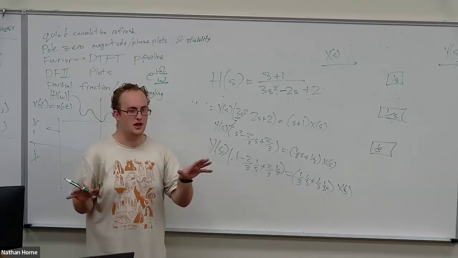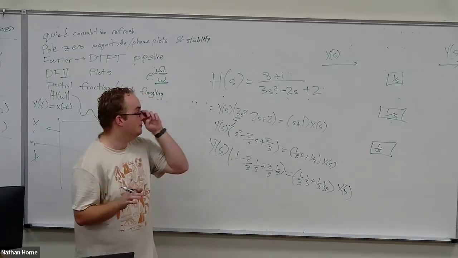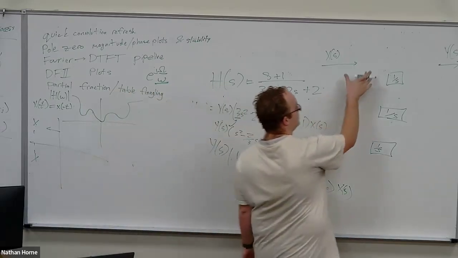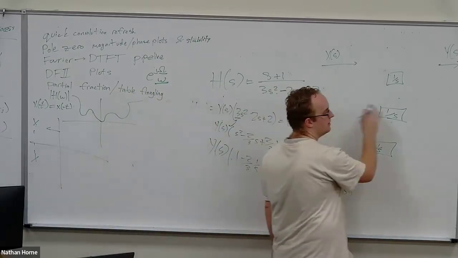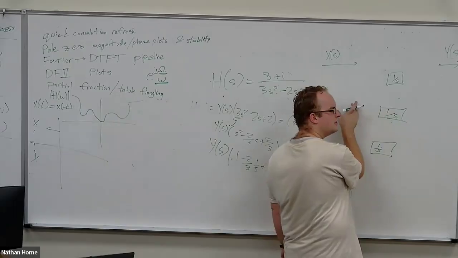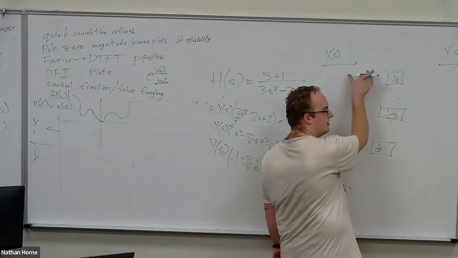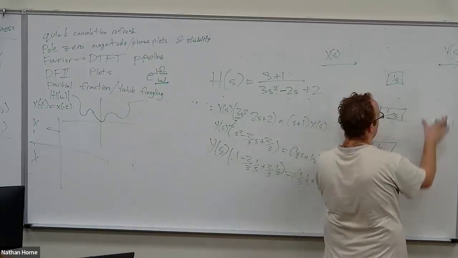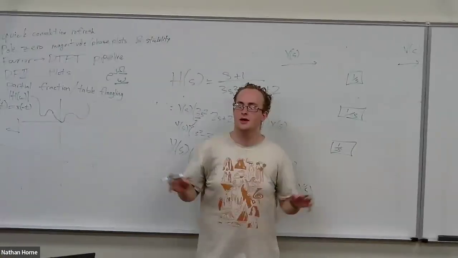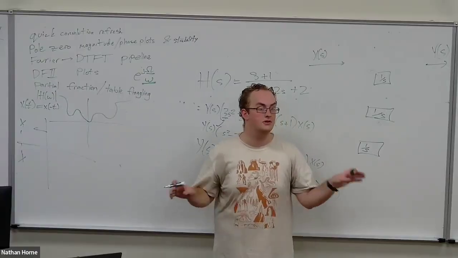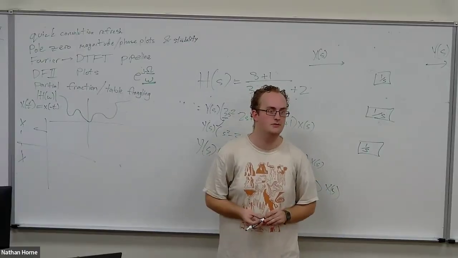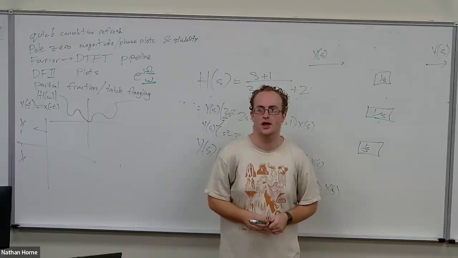Direct form 1, remember, you do the numerator first and then the denominator, and it has 2 separate sets of integrators and mixers. Essentially, direct form 2 is nicer because you combine the integrators. It saves you on components if you're actually going to build this in real life.